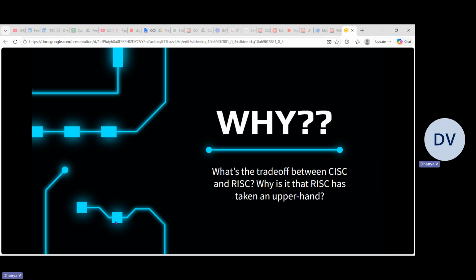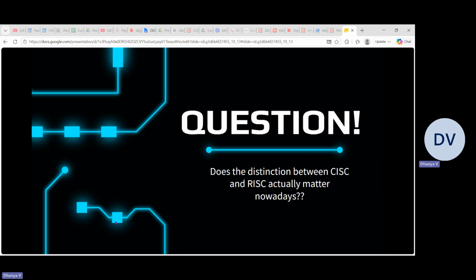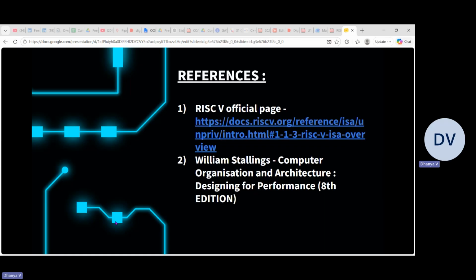Otherwise, I would like you to think about what the answer could be for this question. I think I would have covered it entirely throughout the session. You can just try to recollect the points. I hope you understood what I tried to convey, why we ended up in RISC, and the motivation behind learning RISC.